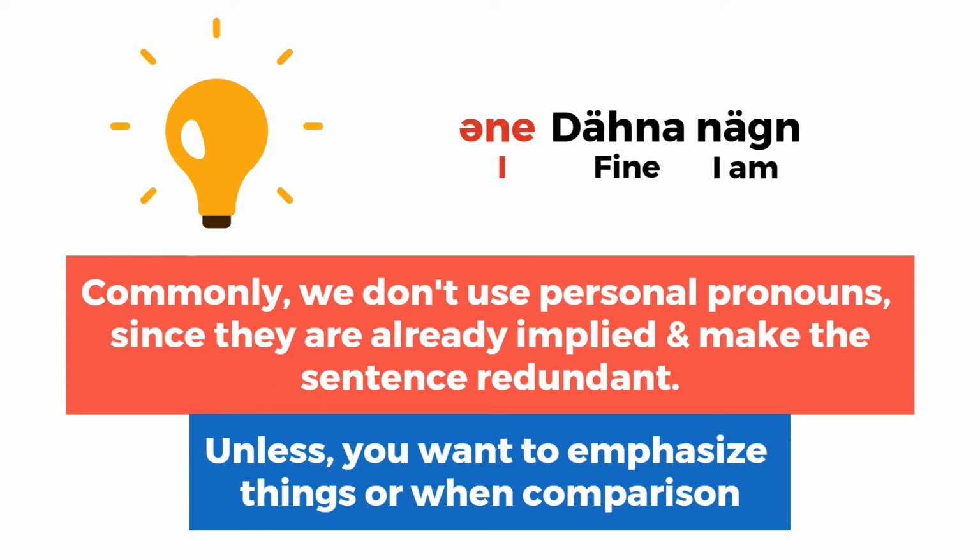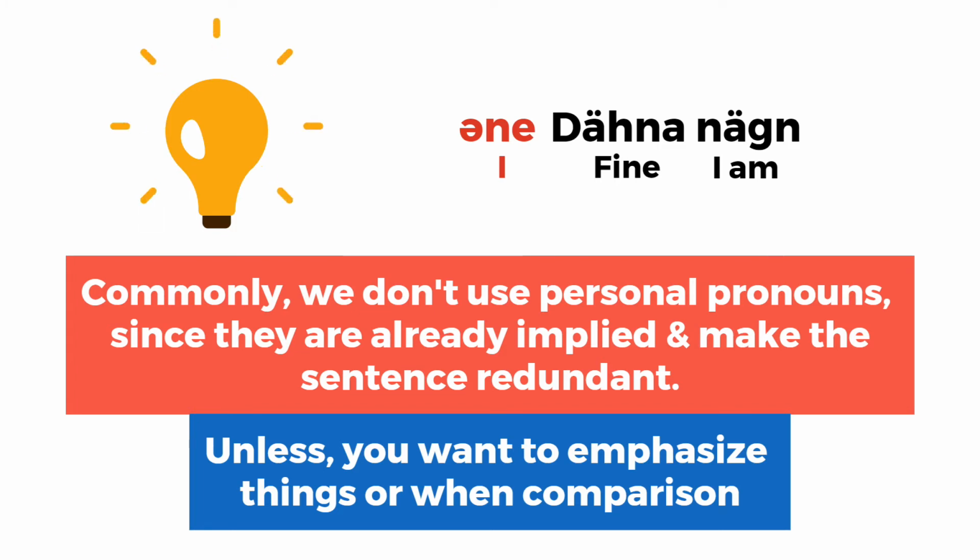So here we will only learn 3 of the personal pronouns and then we will learn 10 of the verb to be's. Since there are 10 personal pronouns, there are also 10 verb to be's like I am, you are, she is, they are, and so on. But we will only learn 3 of the personal pronouns to keep things simple.